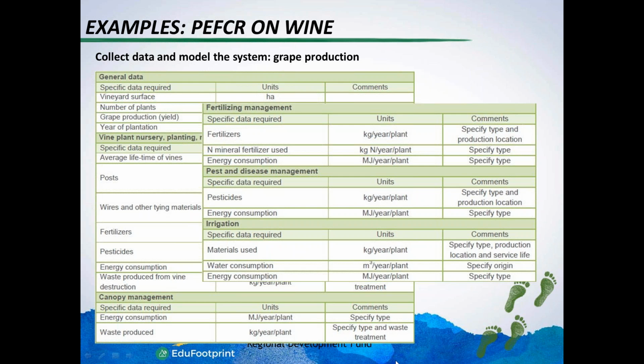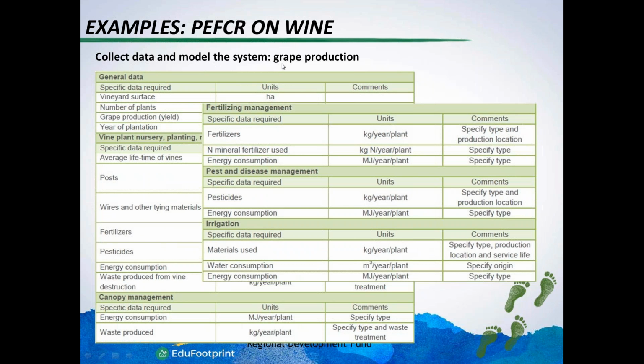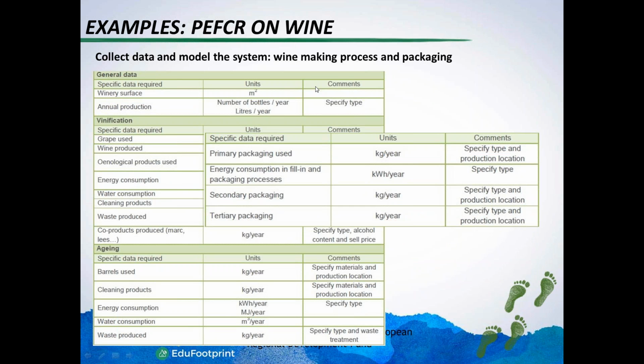This phase of collecting data is concerning grape production, and this one is concerning the winemaking process and packaging, and each phase has its tables with all the data required.